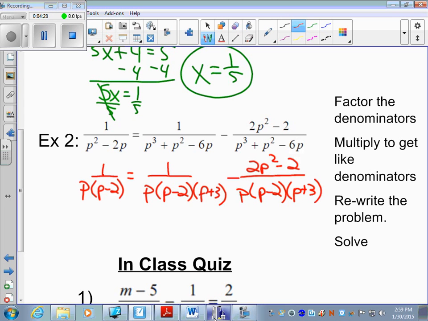Now I just have to take a step back and look. What do I have to do to the first fraction? What do I have to multiply by to get the first fraction's denominator to look like the other two? I currently have a p in all of the denominators. I have a p minus 2 in all of the denominators, but I do not have a p plus 3 in all of them. I have it in these two, and you get the third one. So I multiply the first fraction by p plus 3 divided by p plus 3.